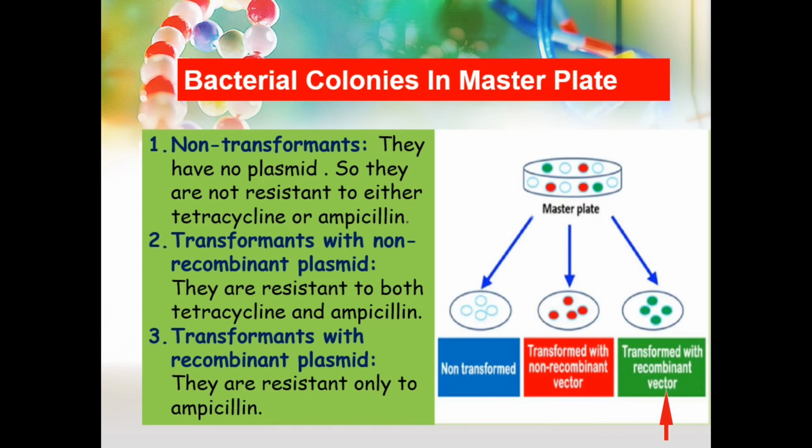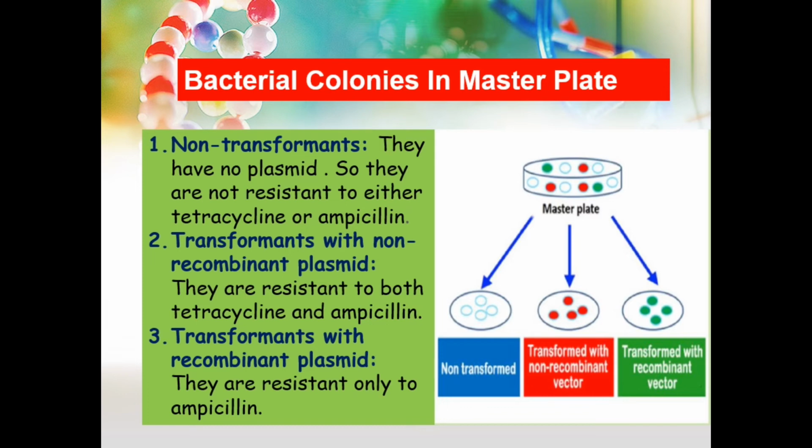So they have resistance only to ampicillin, as due to the insertion of the foreign gene into the tetracycline resistant gene, it has lost its property of resistance to the antibiotic tetracycline. So from the culture, we transferred the bacteria onto the gel medium, and we get three types of colonies of bacteria on the Petri plate.